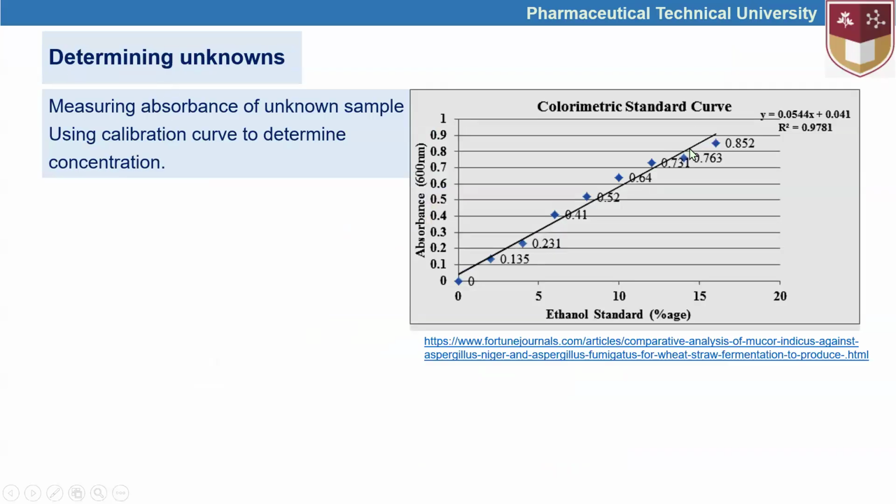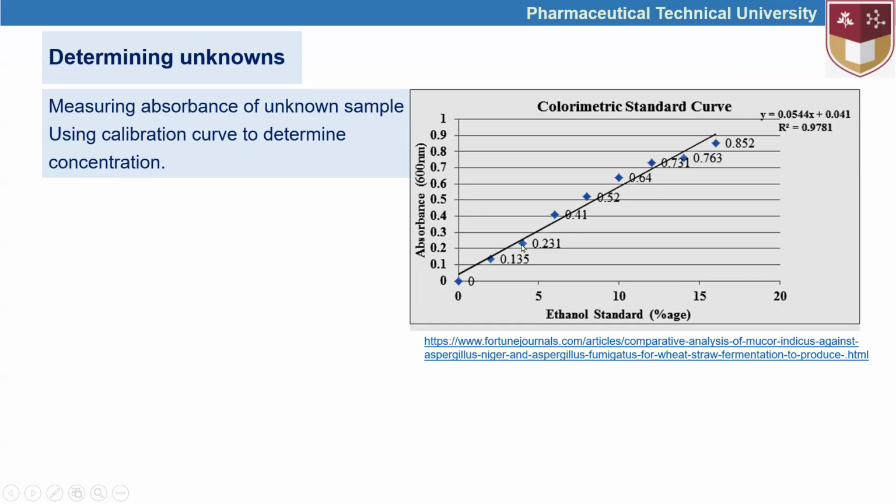And again, about the colorimetric standard curve that we said, the minimum and maximum points have to differ from each other at least 6-7 times. And measuring absorbance of an unknown sample requires developing this kind of calibration curve.